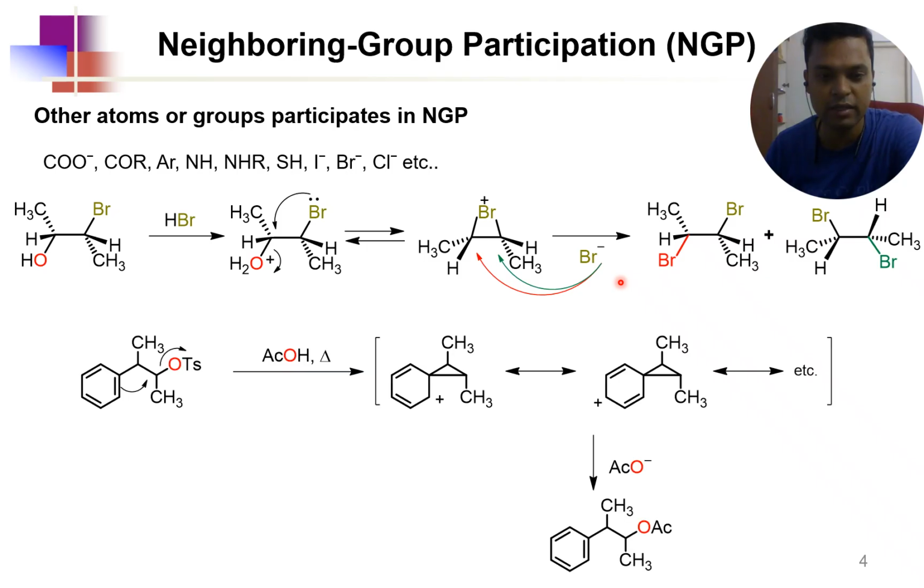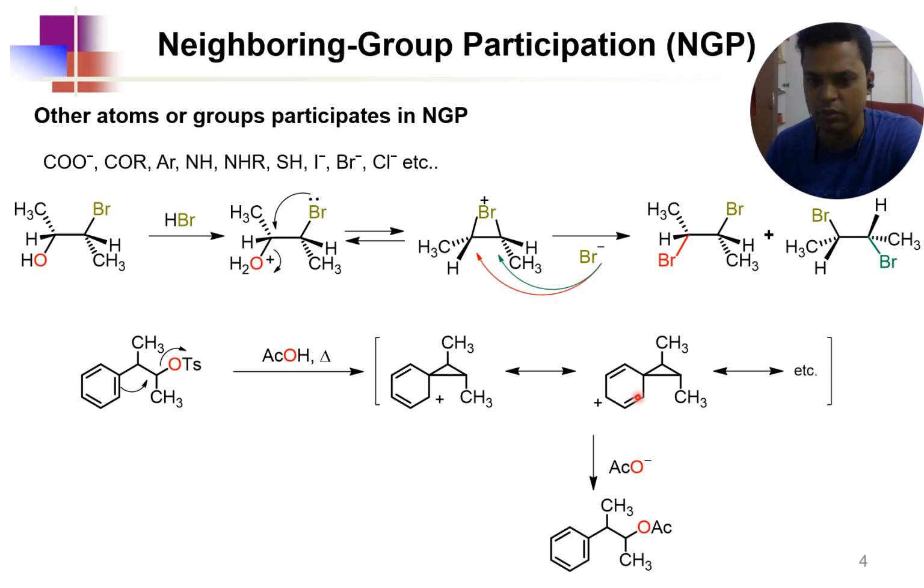The second example is with the aromatic ring. You can see you have a tosyl group over here. This is the alpha and the beta position, where the double bond is. This double bond can attack the carbon-oxygen bond from the anti position, in the antibonding orbital of the carbon-oxygen bond, and then you could have a cyclic-like intermediate.